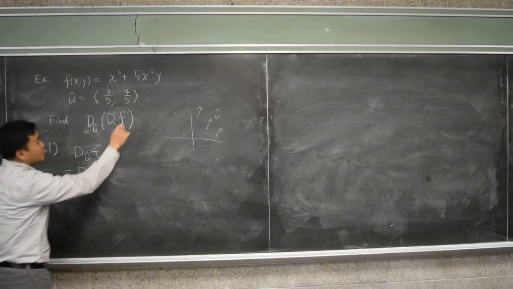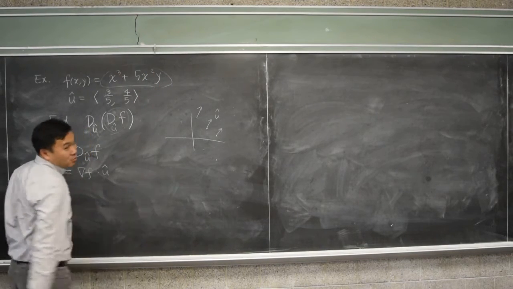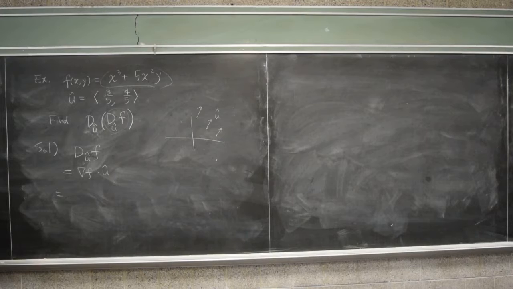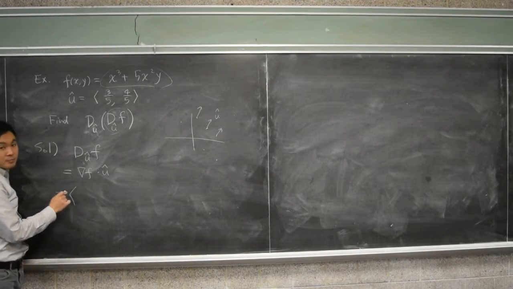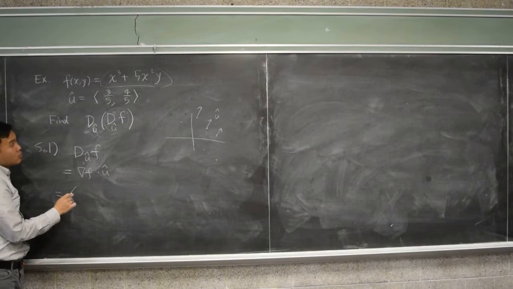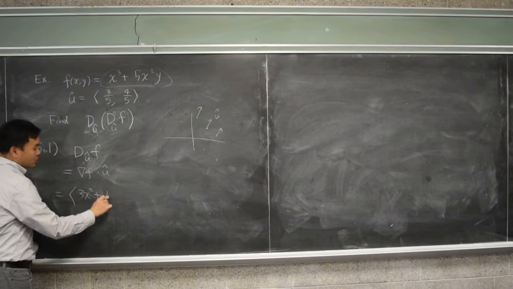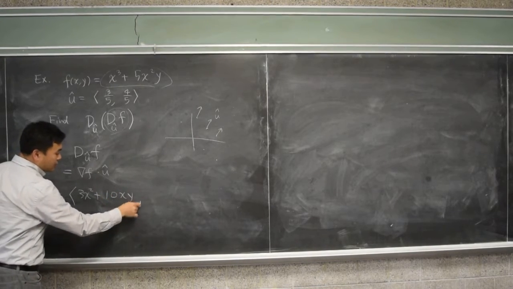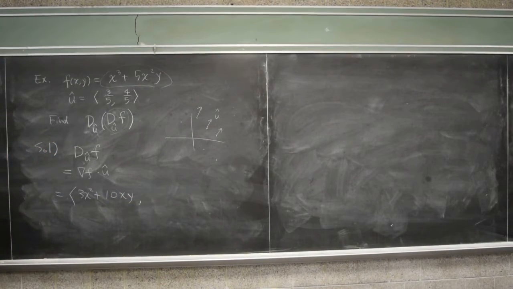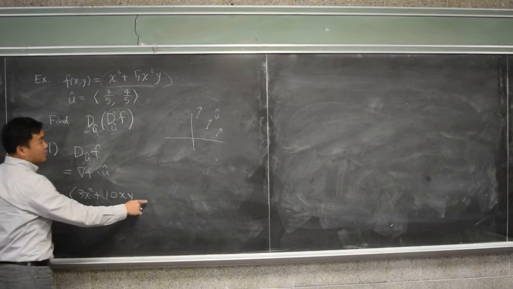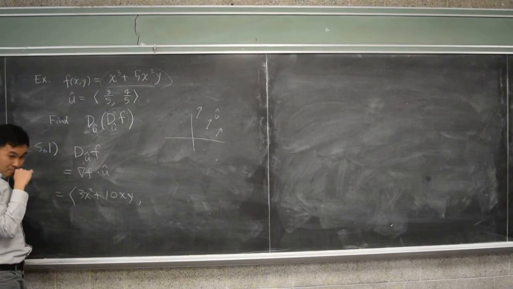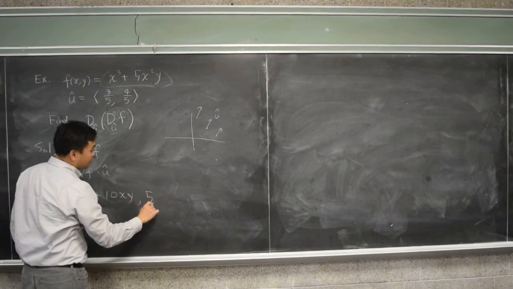Now let's compute the gradient. What's the gradient? It's a vector made up of all the partial derivatives, right? So let's first differentiate by x. What do we get? 3x squared plus 10xy. Okay. Now, what about the next one? If you differentiate this by y, you get 5x squared.